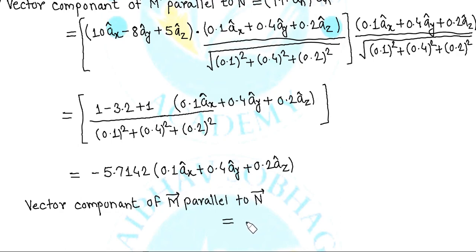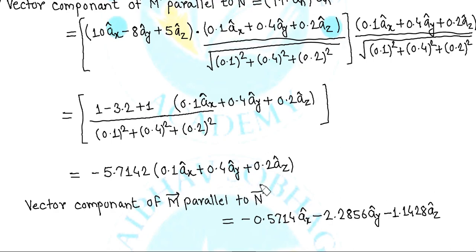After that multiplication, you will find it to be minus 0.5714 ax cap minus 2.2856 ay cap minus 1.1428 az cap.